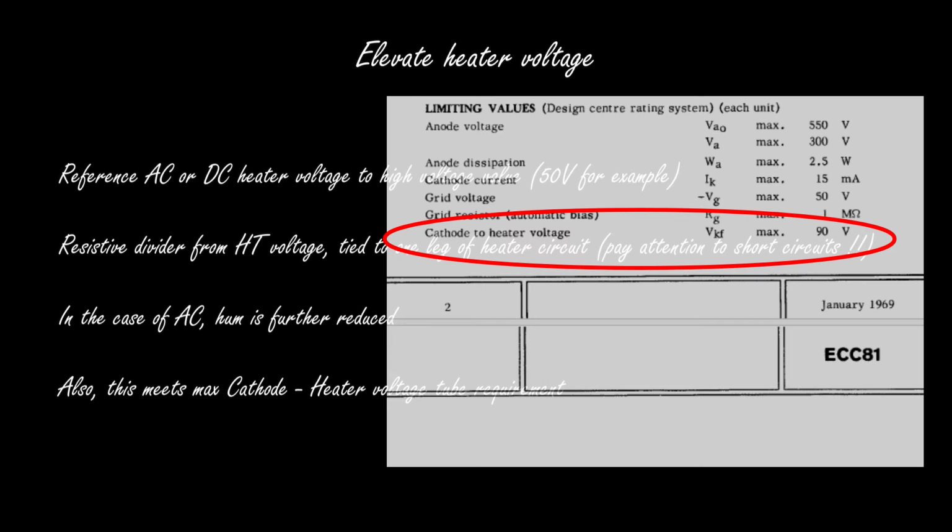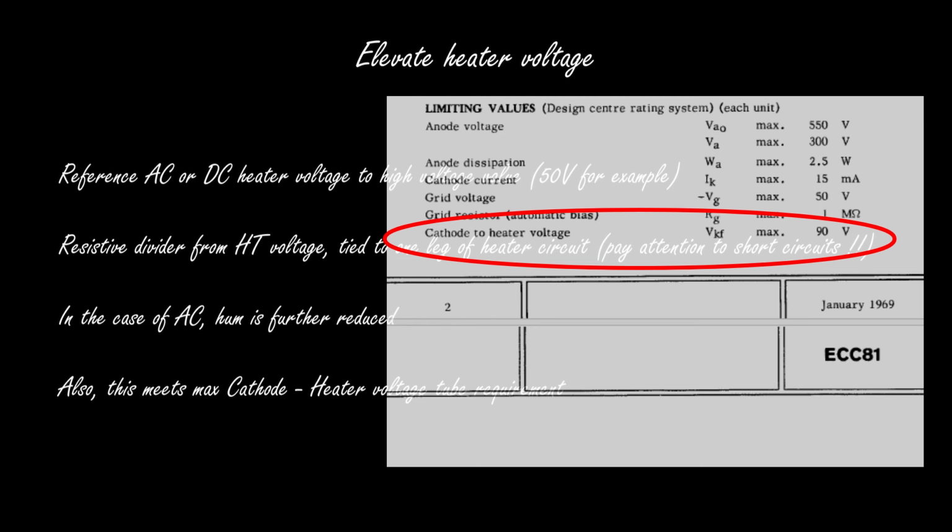Also, this is a very good solution for the sake of the cathode to heater maximum voltage, which is information you find in all tube datasheets. Cathode voltage, in fact, cannot be much higher than the heater voltage in any given tube. Typical limit is 100 volts or 150 volts, depending on the tube.